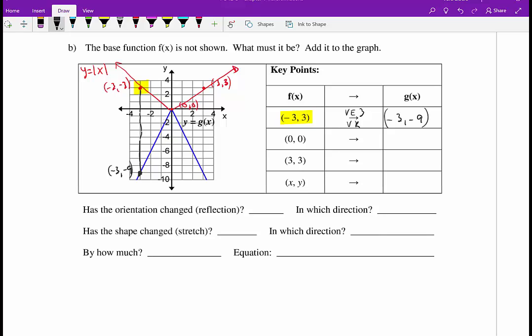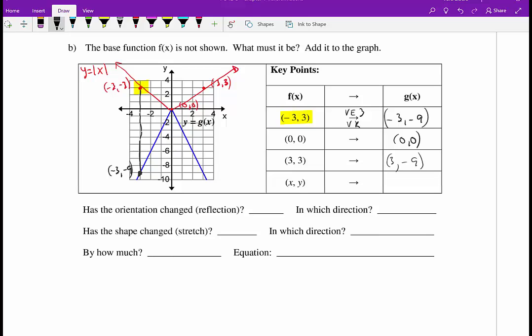Okay, so if I take these transformations and apply them to all the points, well, 0, 0 with a vertical expansion of 3 and a vertical reflection, it stays 0, 0. Nothing changes there. And 3, 3 becomes, and remember, we're only applying it to y, so x stays the same. And I'm just going to go negative 3 times 3 is 9, with a vertical reflection is negative 9.